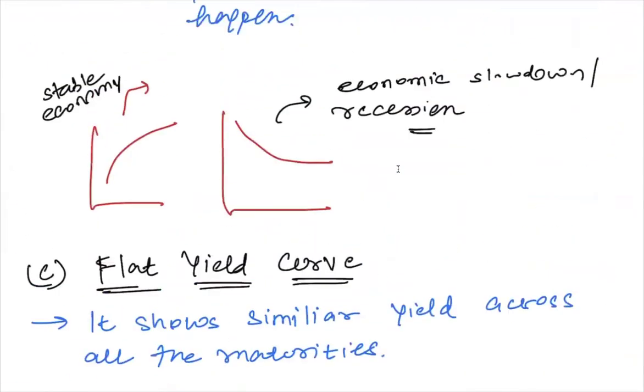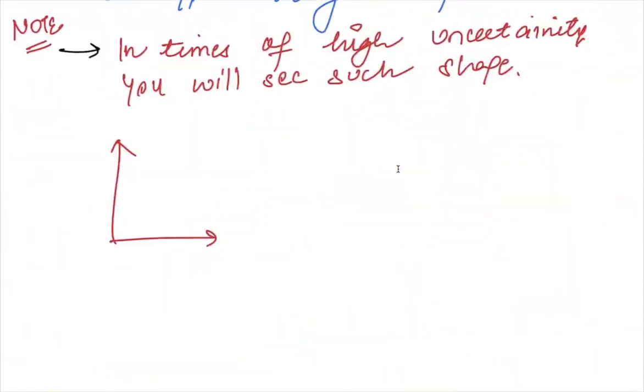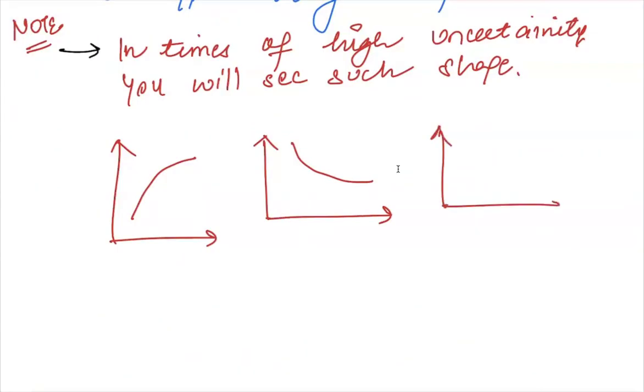Just to revise, we saw three curves. The normal curve or the upward sloping curve, the downward sloping curve or the inverted curve, and something like this, which is the flat yield curve.